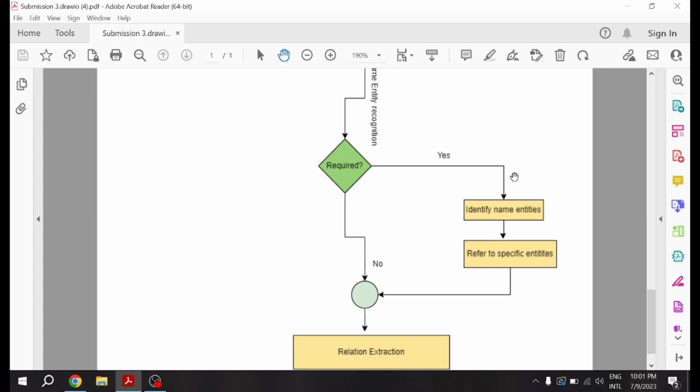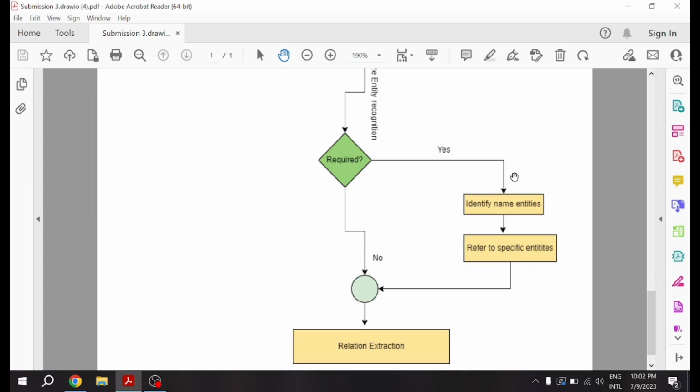This process of identification and reference allows for the extraction of relevant information from the text by focusing on specific entities of interest. For example, in an application where you want to extract information about companies, named entity recognition can identify and categorize the names of companies mentioned in the text, or organization entities.